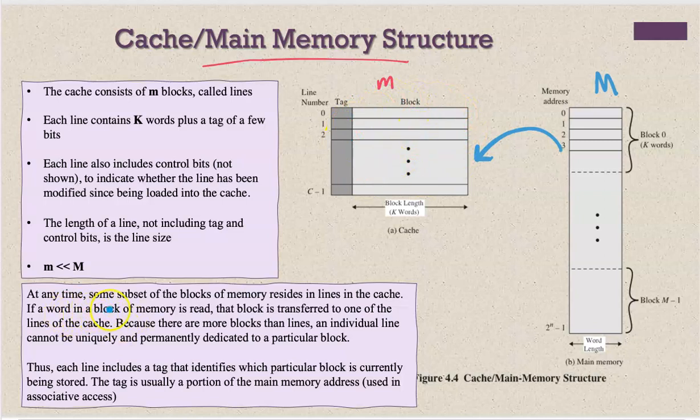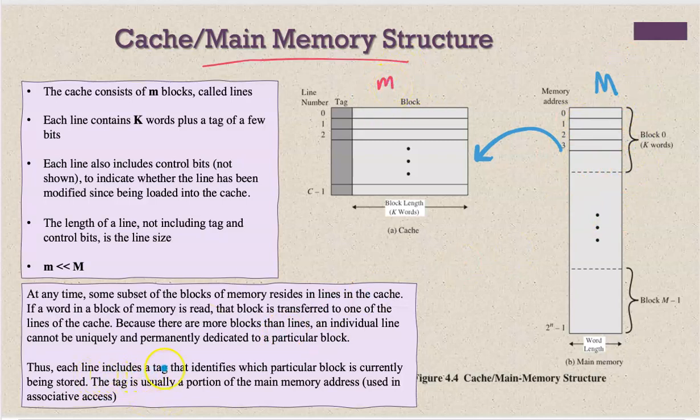If a word in a block of memory is read, that block is transferred to one of the lines in the cache. So block 0 is mapped onto line number 0, block number 1 onto line number 1, etc. But because there are more blocks than lines, an individual line cannot be uniquely and permanently dedicated to a particular block. More blocks exist than lines, so capital M is more than small m.